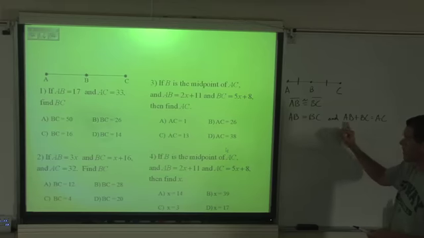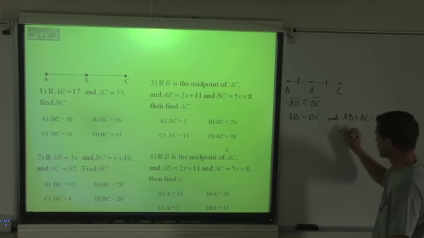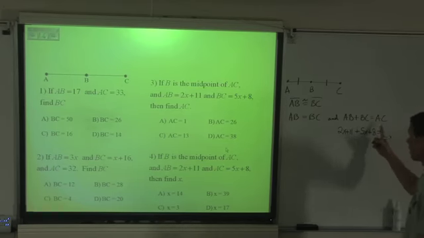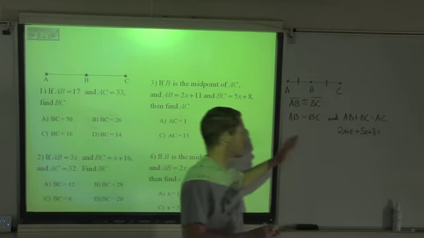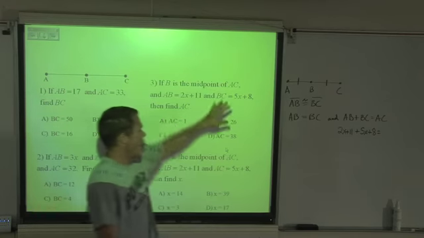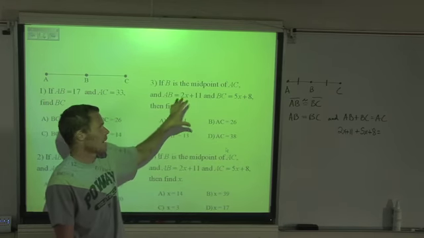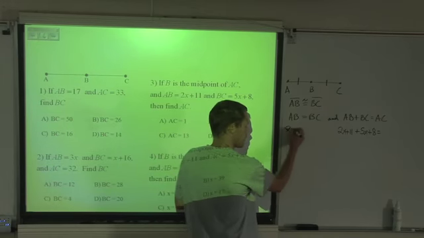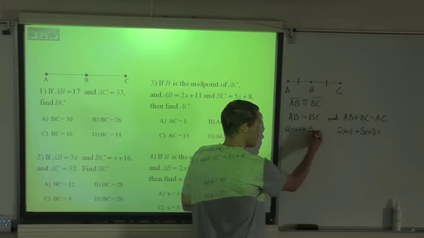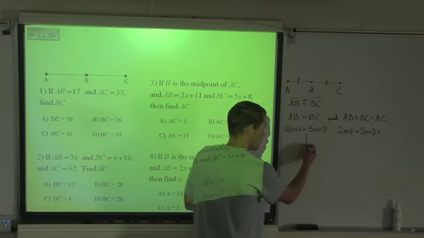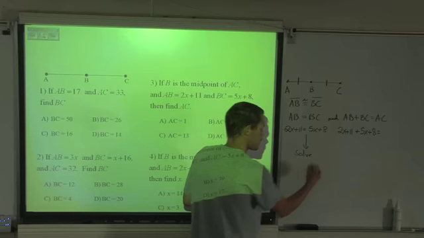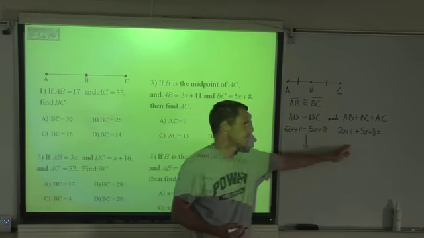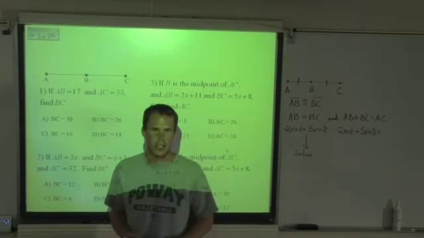If I put in 2x plus 11 and 5x plus 8, equals what? I don't know what to set this equal to. I don't have an AC. They have not given me an AC. But on this equation, we can solve this. And once we solve this, we can substitute into this equation. That's your hint to get started with those problems.